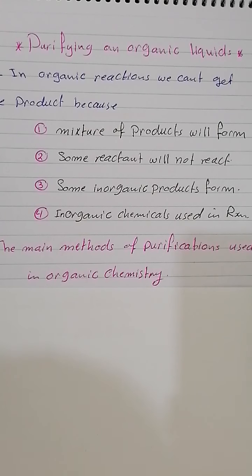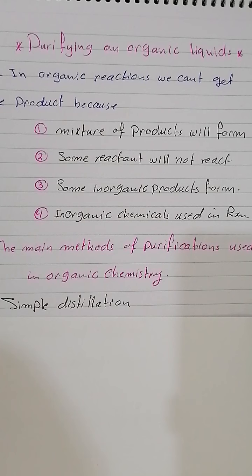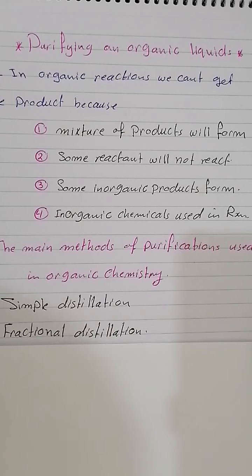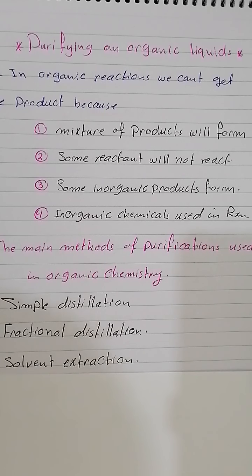Now, the main purification methods in our syllabus in organic chemistry: we will study simple distillation, which is common, fractional distillation, and solvent extraction. The first two methods are known to us, but solvent extraction is the new one.